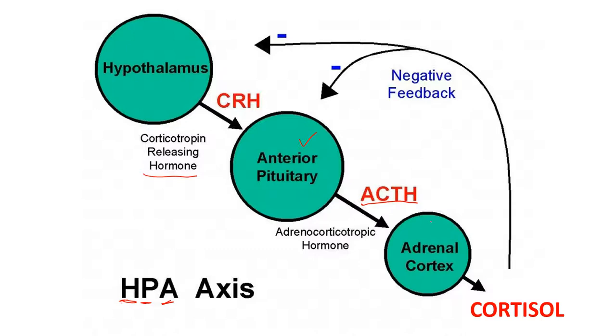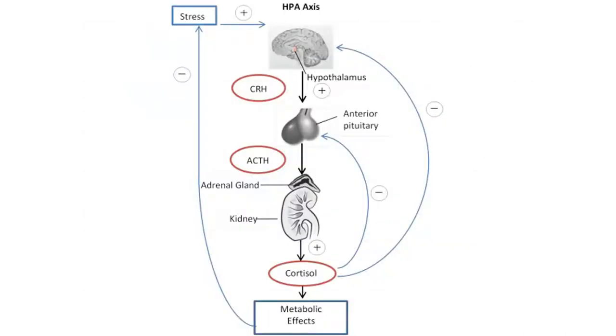And the presence of that at the zona fasciculata of the adrenal cortex secretes cortisol. And again, the negative feedback of that is when cortisol shows up, it prevents ACTH from being secreted from the anterior pituitary and prevents corticotropin releasing hormone from being secreted from the hypothalamus. So that's that negative feedback part of it.